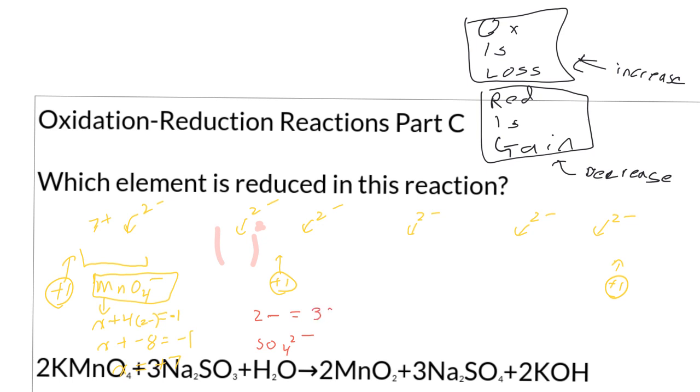So I've got 3 oxygens, each with a -2 charge. I know that because of that 3 there. Plus the charge on my sulfur, which I don't know, has to equal -2. Well, I've got -2 equal to -6 plus X. Well, X then has to be 4.